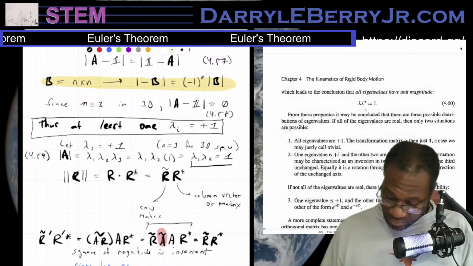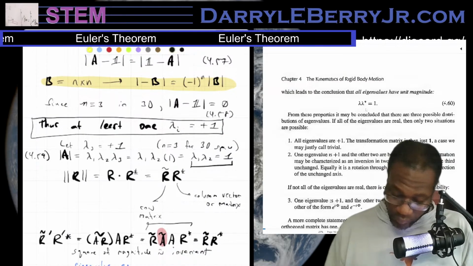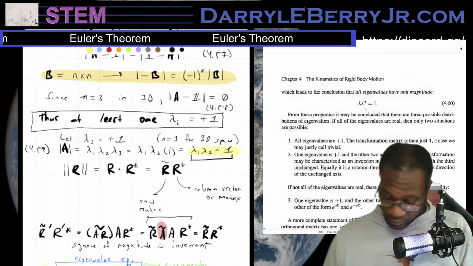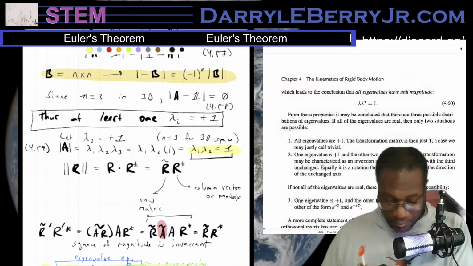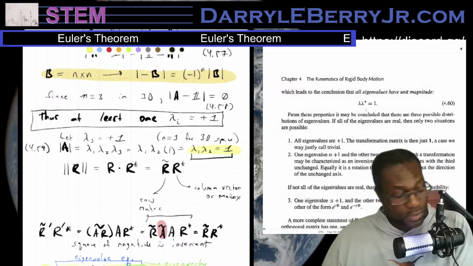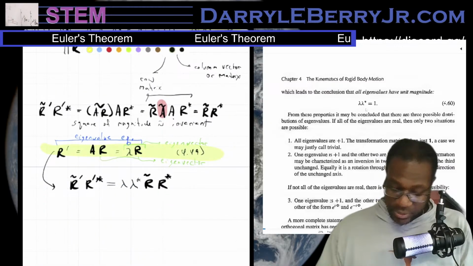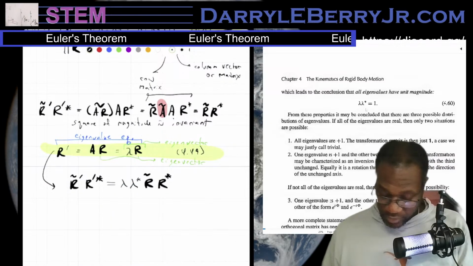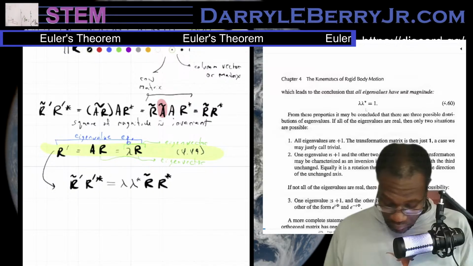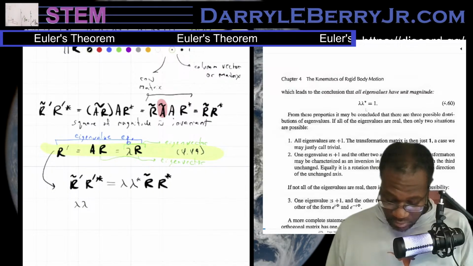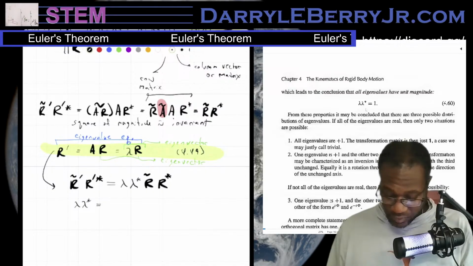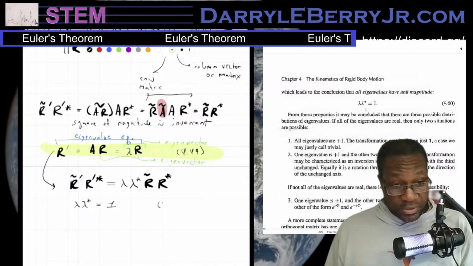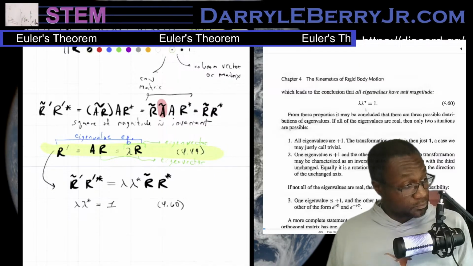It seems they're talking about the fact that one of them is going to be 1, and all of them multiplied still has to equal 1. Some of the details still escape me, but we're going through it. So lambda times lambda complex conjugate equals 1, and this is equation 4.60.